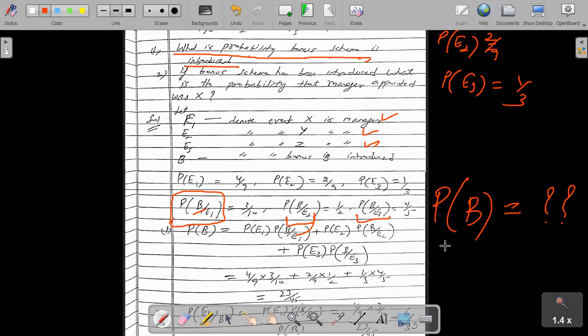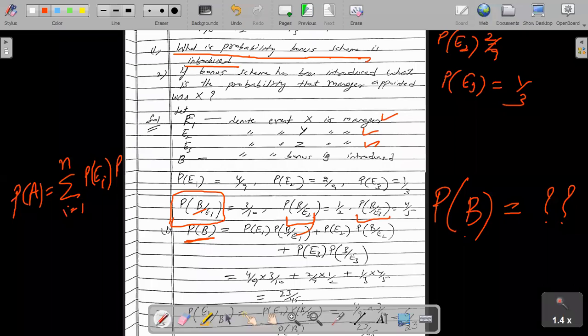If you remember, this is nothing but the total probability theorem. प्रोबेबिलिटी ऑफ ए was summation i from 1 to n probability of Ei into probability of A mod Ei, which was our denominator. अब यहाँ पे ए की जगह बी है, तो summation खोलें तो probability of B होगा probability of E1 probability of B mod E1 plus probability of E2 probability of B mod E2 plus probability of E3 probability of B mod E3. ये सारी probabilities आपको given हैं ऊपर. Just put the values, get the answer.